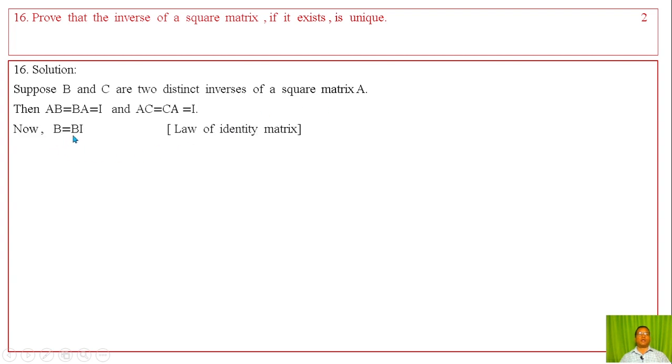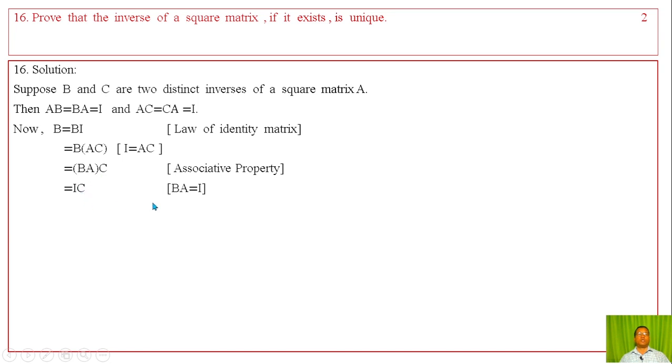Now B can be written as B into I, the identity matrix, which is already equal to AC or CA, but I take I equal to AC. Then next I have to use the associative property of matrix multiplication. Associative property, we have BA combined, and product BA is already equal to I.